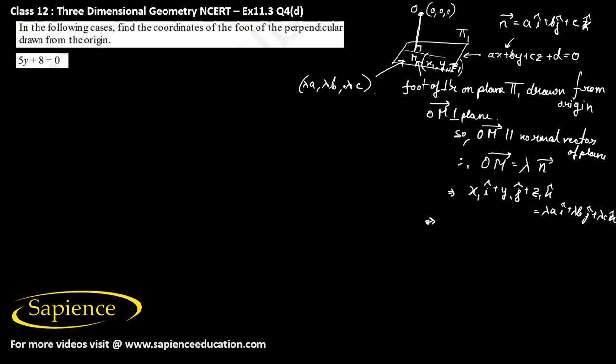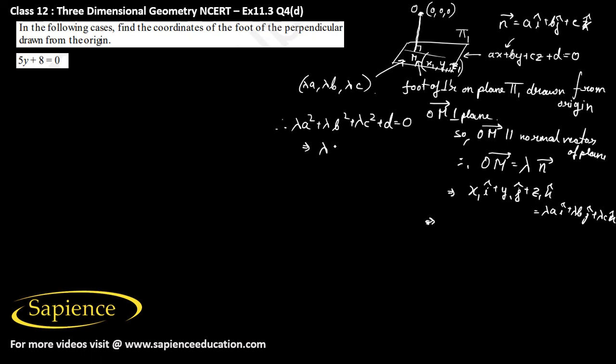And this point also lies on the plane, so it will satisfy the equation of the plane. So lambda a times a, which is lambda a square, plus lambda b times b, that is lambda b square, plus lambda c into c, that is lambda c square, plus d, equal to 0.